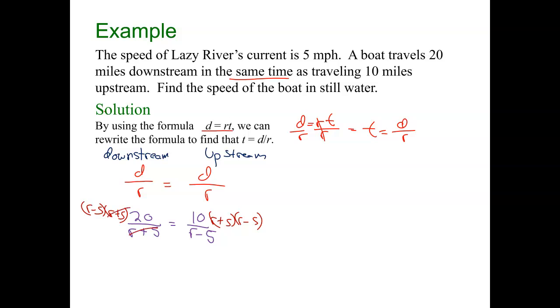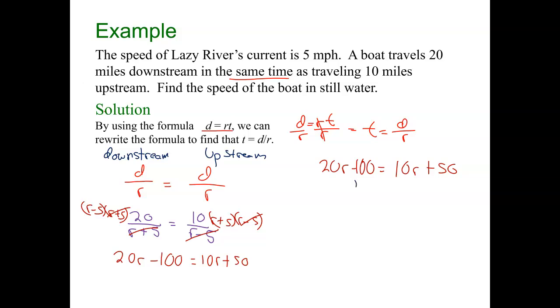So I've got 20r minus 100 equals 10r plus 50.